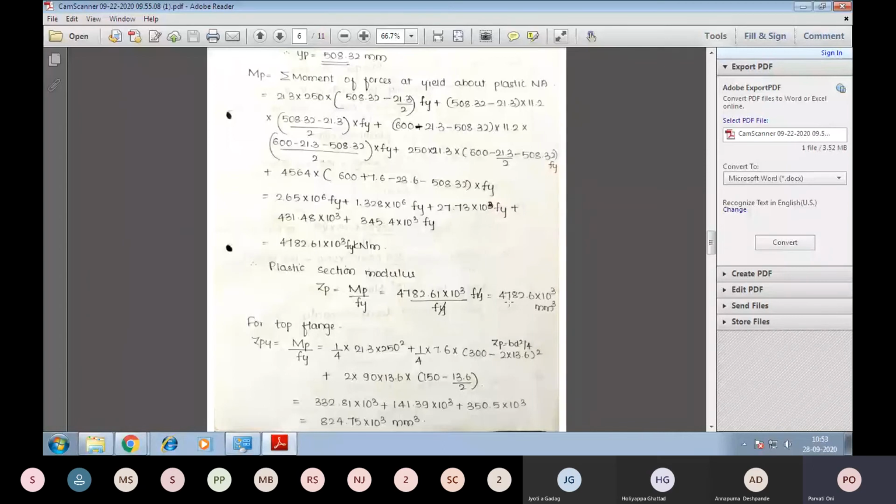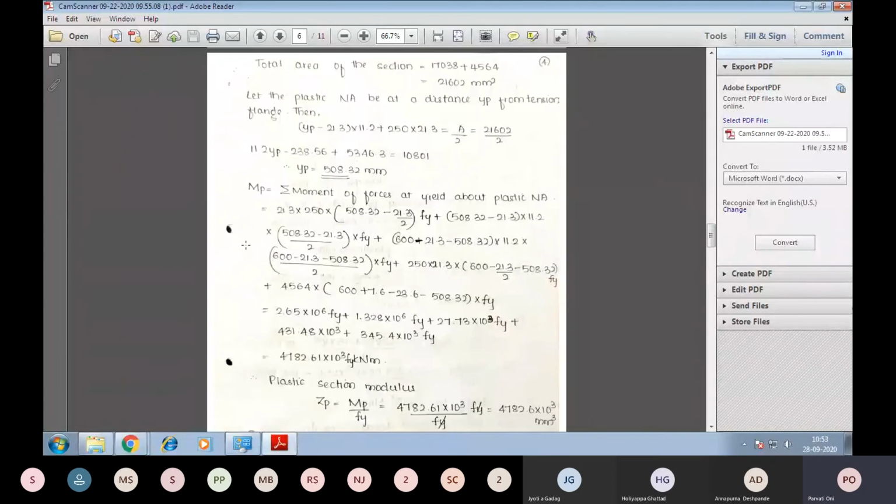So we'll get 4782.6 into 10 raised to 3 mm cube is the plastic section modulus. So this is regarding the plastic moment and the plastic section modulus of the entire section.